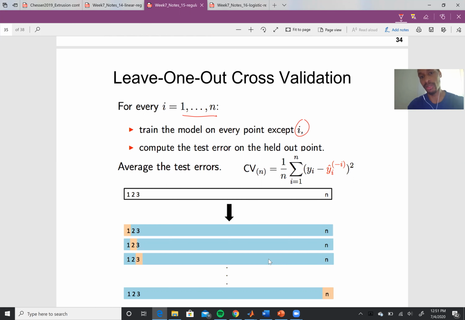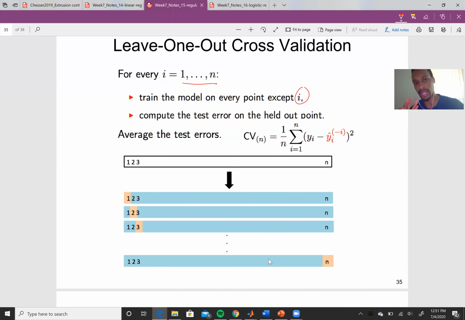So you have a training set and a testing set, but in this case you use only one data point as your testing set and train with all the others, and then you average all the test scores and see how good that model is.